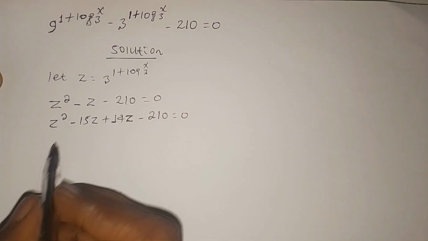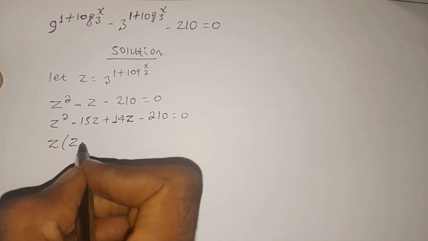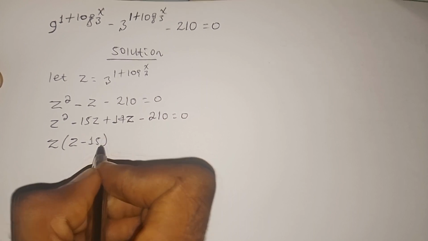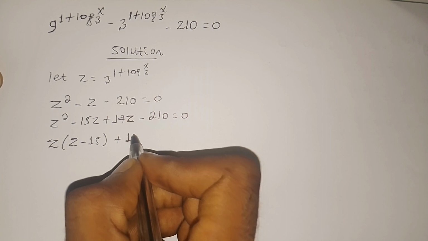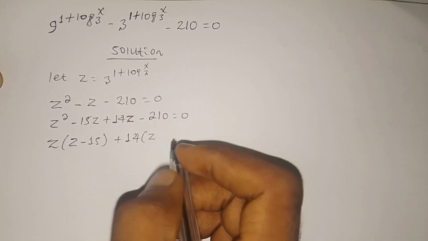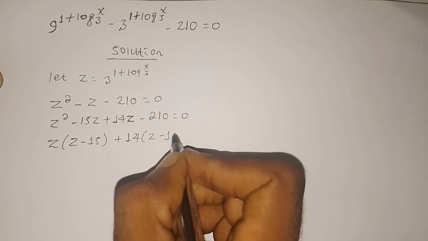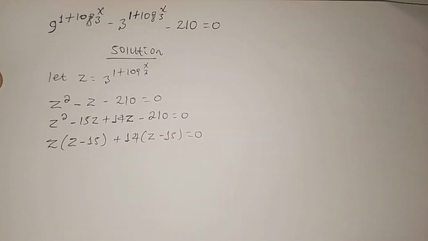Take a common factor: z into z minus 15 plus 14 into z minus 15, which is equal to 0. So let us take the common value. z minus 15 is common.